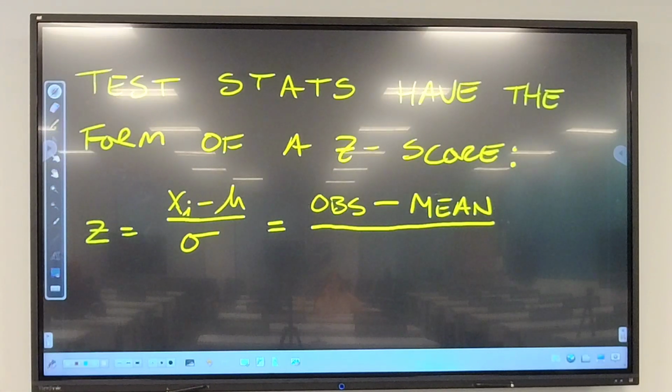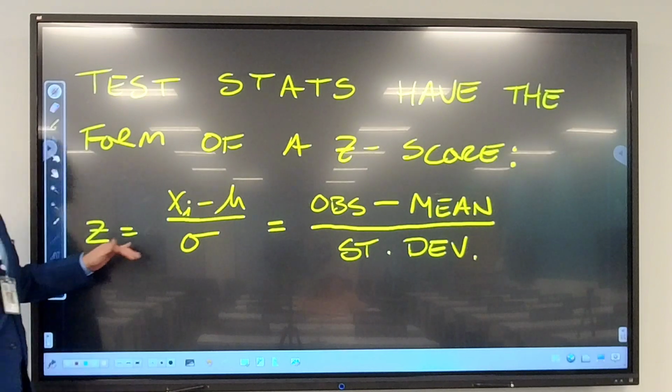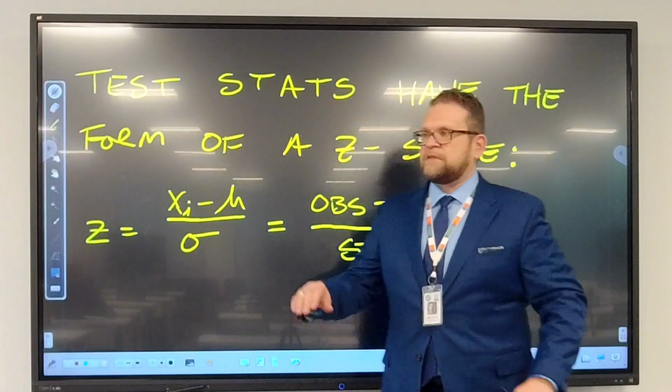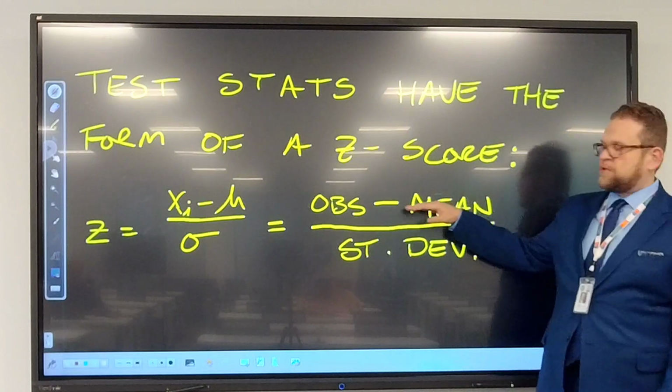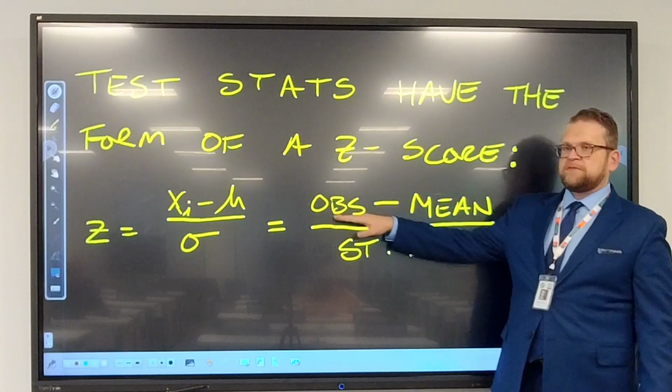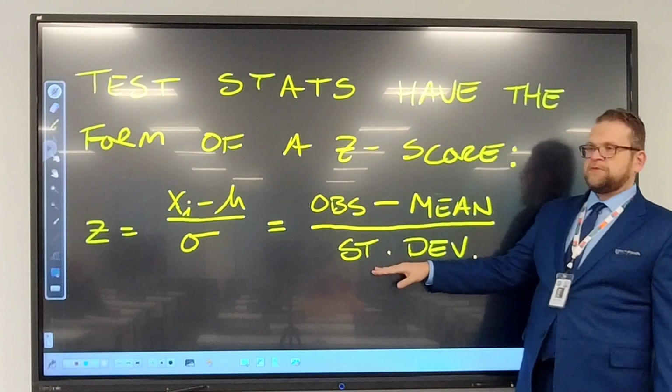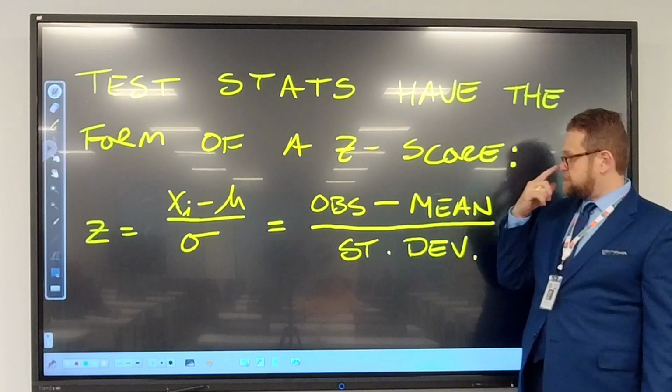It's the deviation. It's the deviation. And the thing in the denominator is the standard deviation. So the z-score is just a ratio of two deviations. It's this particular deviation that's associated with this observation compared to the standard deviation.